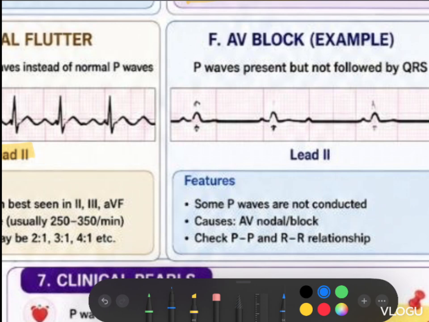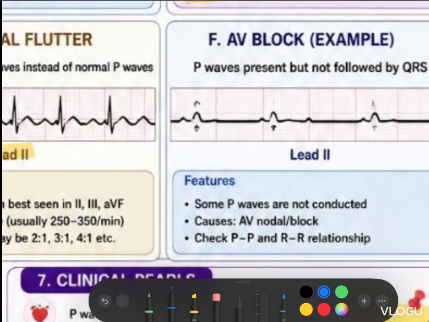Okay, next, the P wave will help to diagnose heart blocks. How? Normally the P wave always works with the QRS complex, but if conduction through the AV node is delayed or blocked, then heart block will develop. Therefore always observe that every P wave has a QRS.